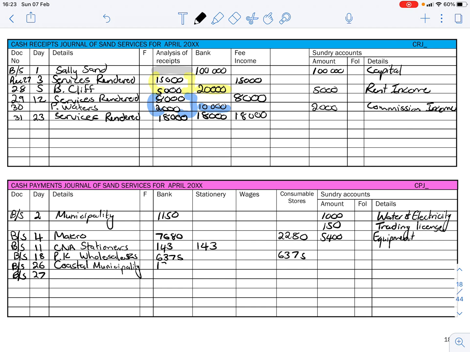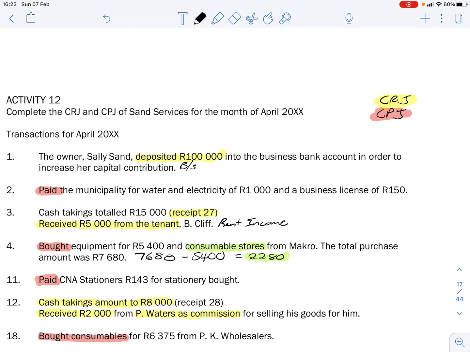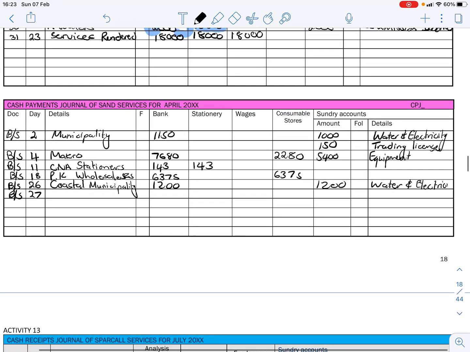We first paid them 1,200 Rand for water and electricity. So under sundry, we have the detail water and electricity with the amount of 2,000 Rand. Apologies.